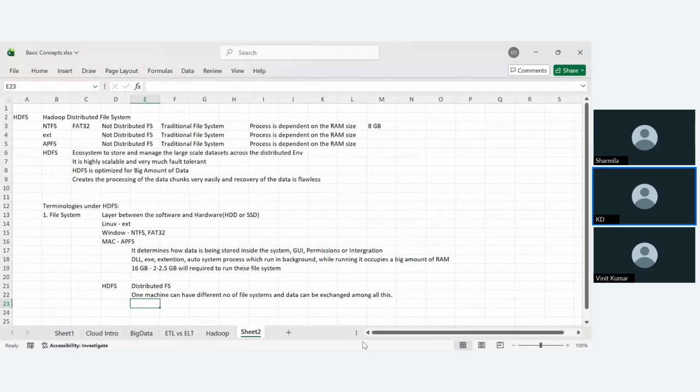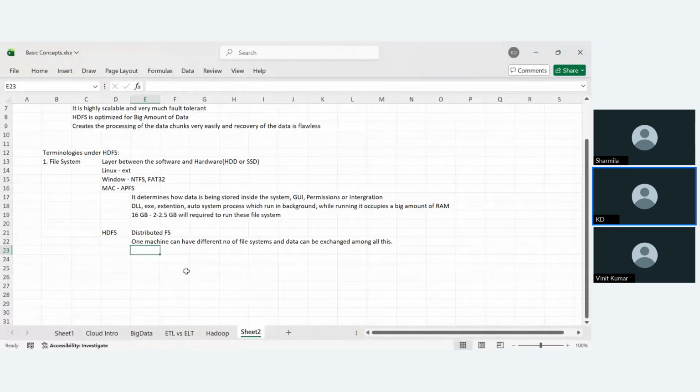Now basically, let's say this is a system you have. Usually these systems are running on the Linux OS. Most of the things in HDFS are running on the Linux OS.